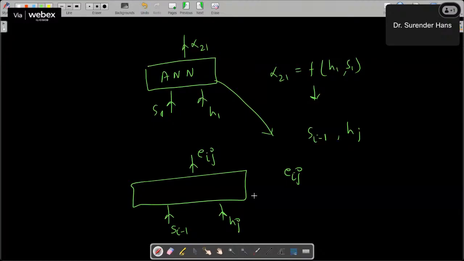And apply the softmax on this Eij. And from this, I will get my alpha ij. So now let me explain in detail.